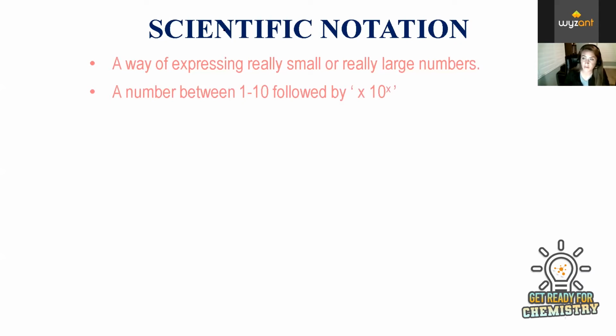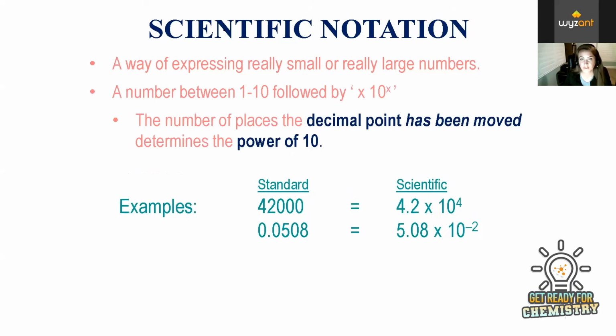I'm going to go over what it is, how to write numbers in scientific notation, and then how to conduct math with the scientific notation as well. So scientific notation, a way of expressing really small or really large numbers. It always involves a number between 1 and 10, or I should say 1 and 9.9, followed by times 10 to the something.